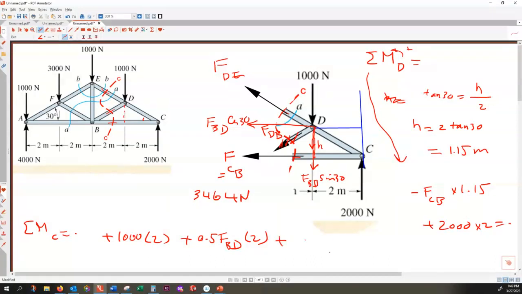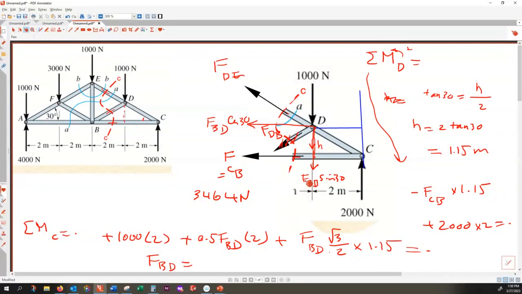That is plus FBD cos 30, which is root 3 over 2. And the arm of rotation is H, which is 1.15. That is equal to 0. So by solving that, I can find out FBD.